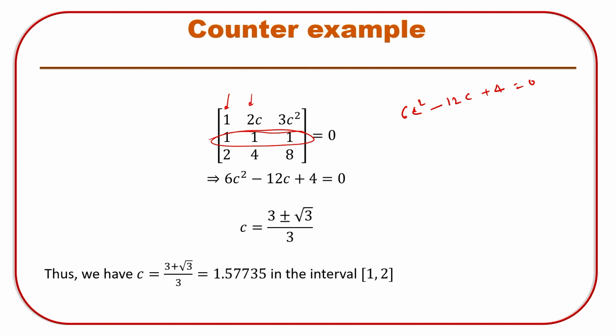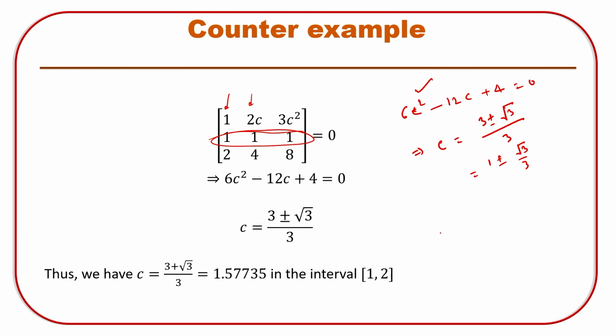We can take the determinant, and this is equal to how much? This will give you a quadratic in c. So, c has two values, which one? 3 plus minus root 3 divided by 3. So, this will come out to be 1 plus minus root 3 by 3, right?